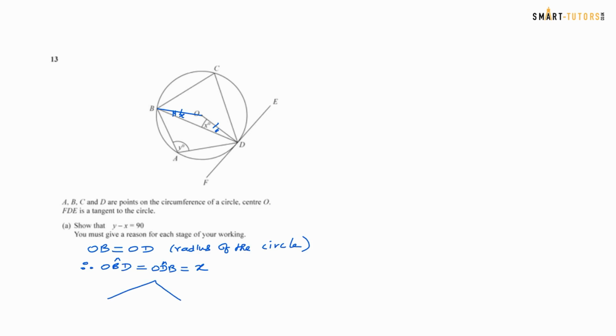Now in a triangle OBD, this OBD is an isosceles triangle, and this is x and this is x. We can find out what this angle is because all three angles add up to 180 in a triangle. So starting from here, BOD equals 180 minus 2x.